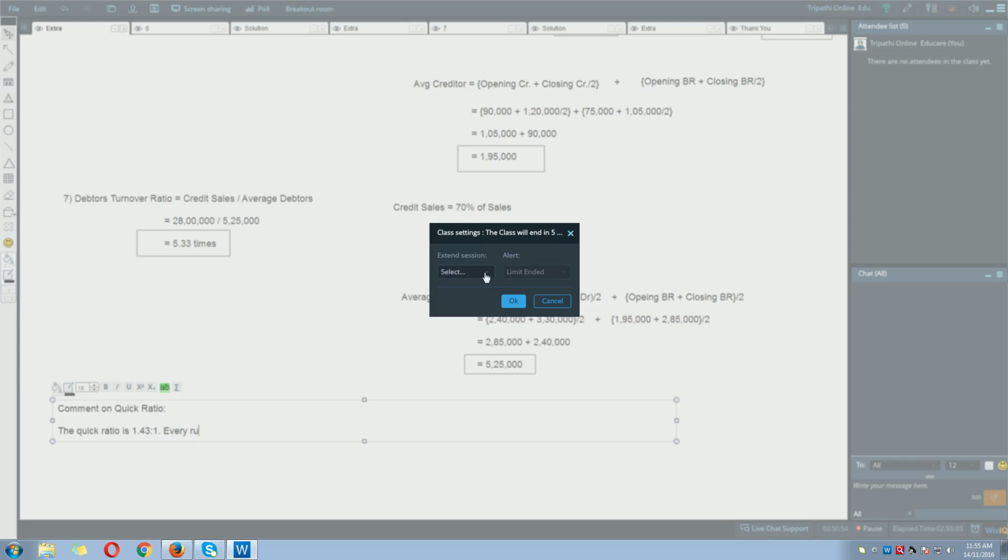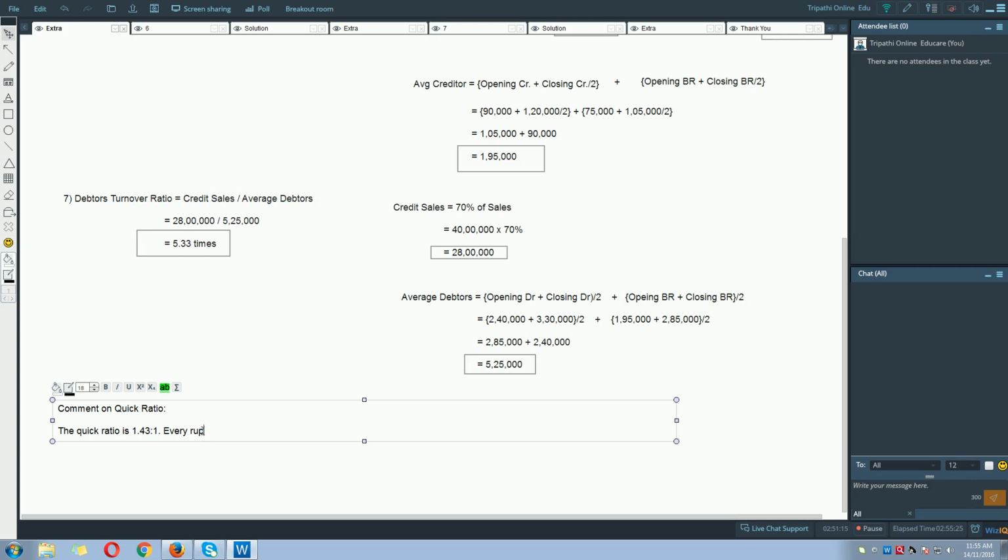Every rupee of quick liability is supported by rupee 1.43 quick asset or liquid asset.